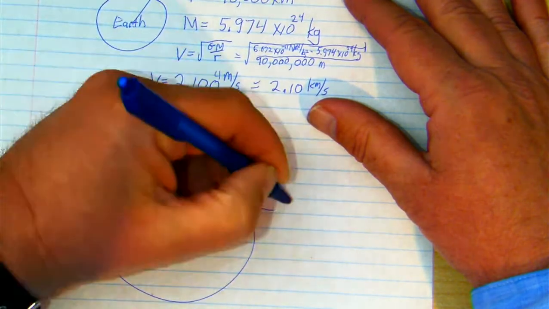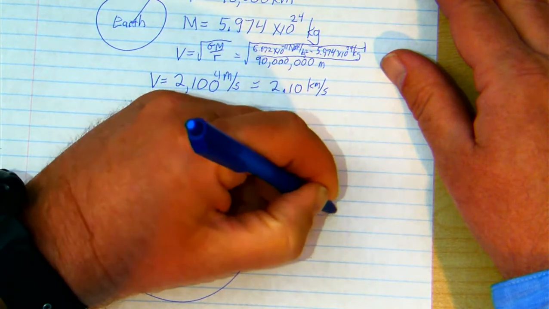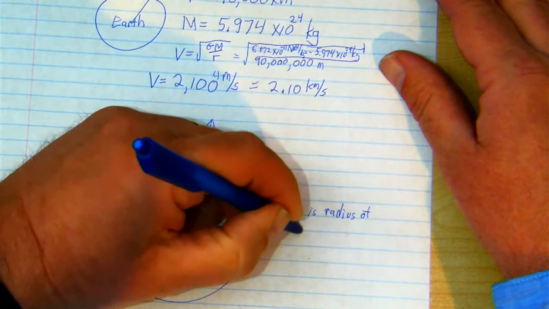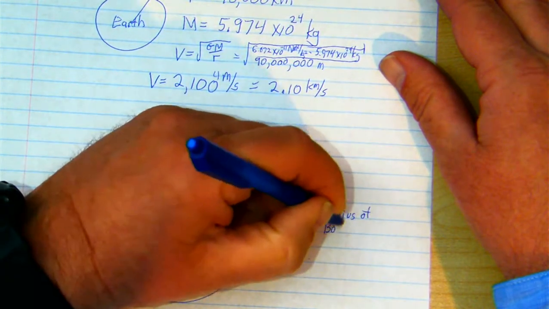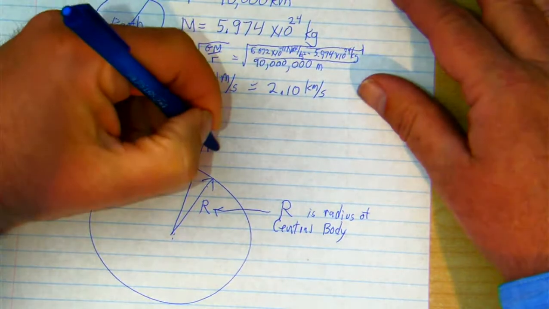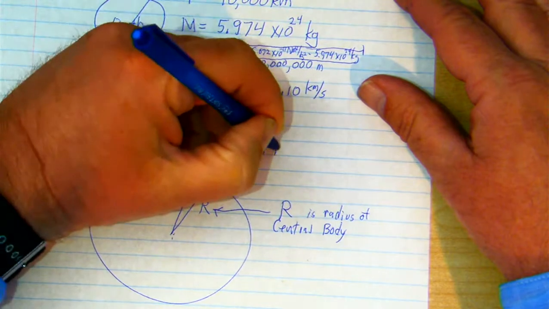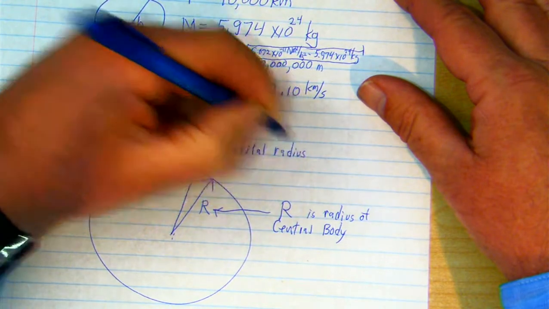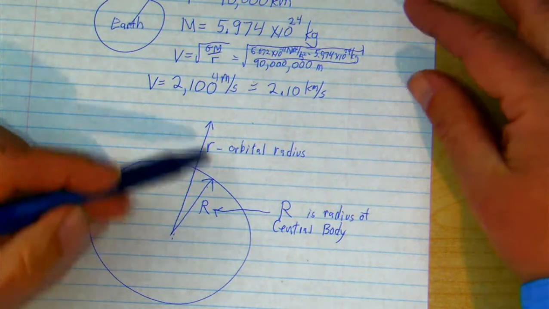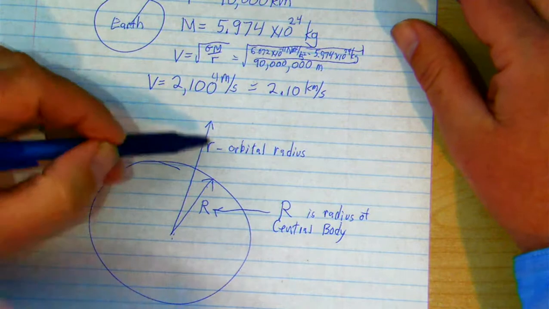So capital R is radius of central body. And that can be in meters, it can be in kilometers, right? Lowercase r is called the orbital radius. And that's the size of the orbit. Very different. These are two different radii, but they're both radii, right?